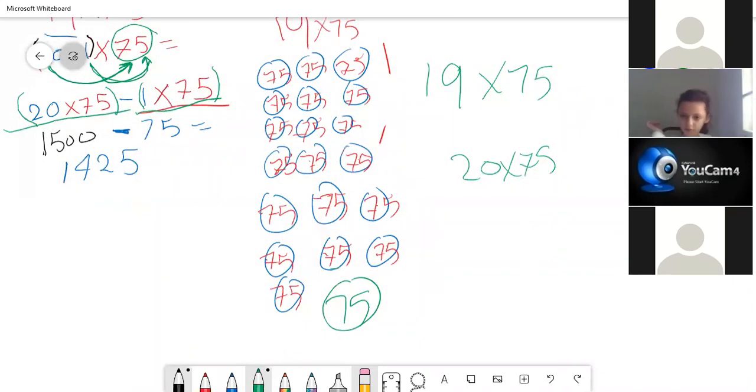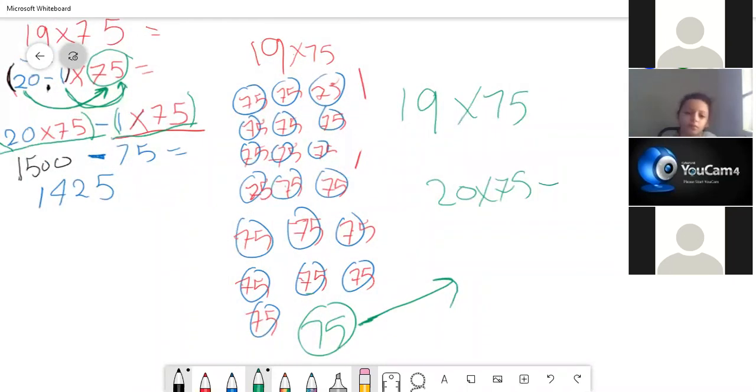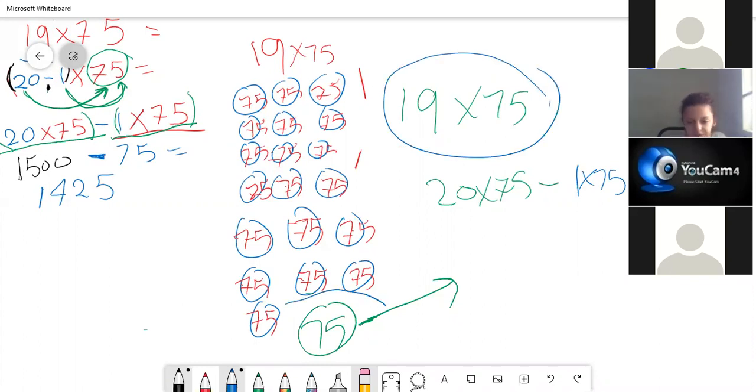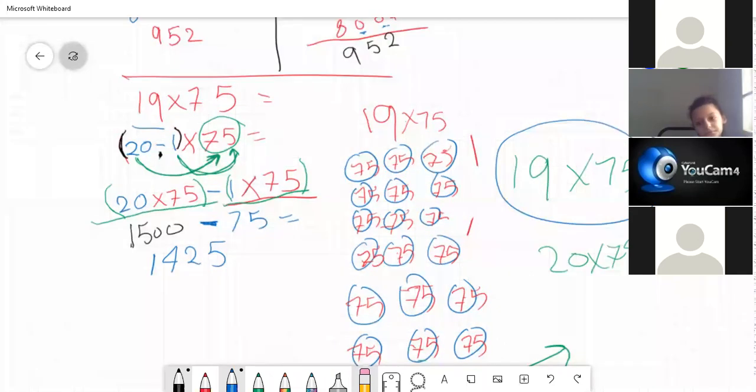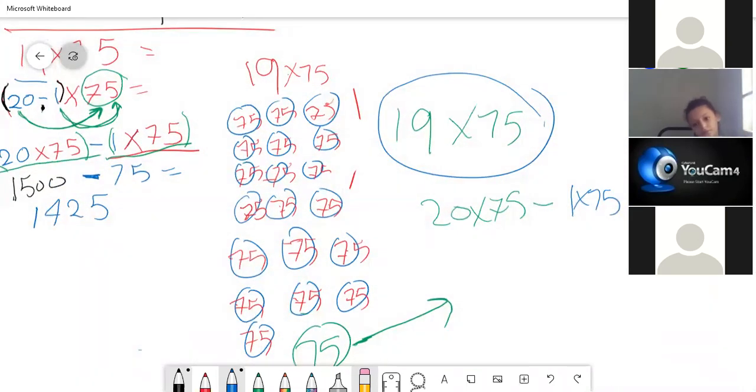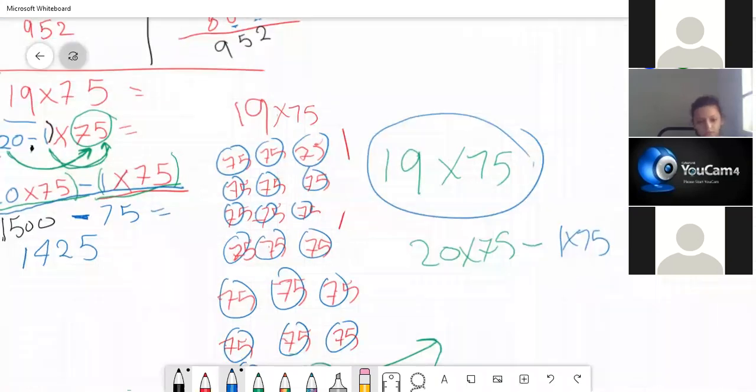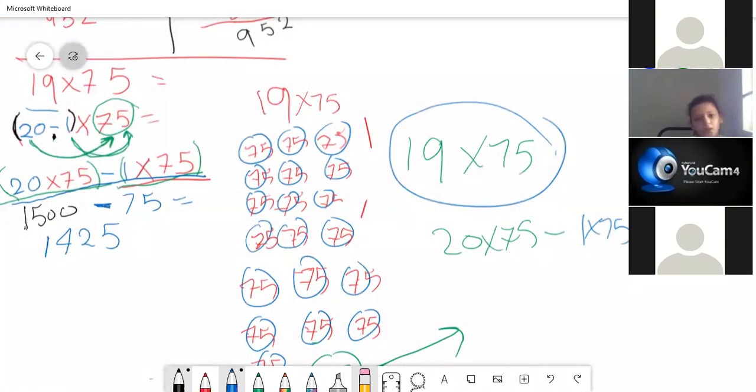If you minus 1 times 75, the rest will be 19 times 75, right? That's why we have here 20 times 75 minus 1 times 75. This is the same as 19 times 75. Okay?